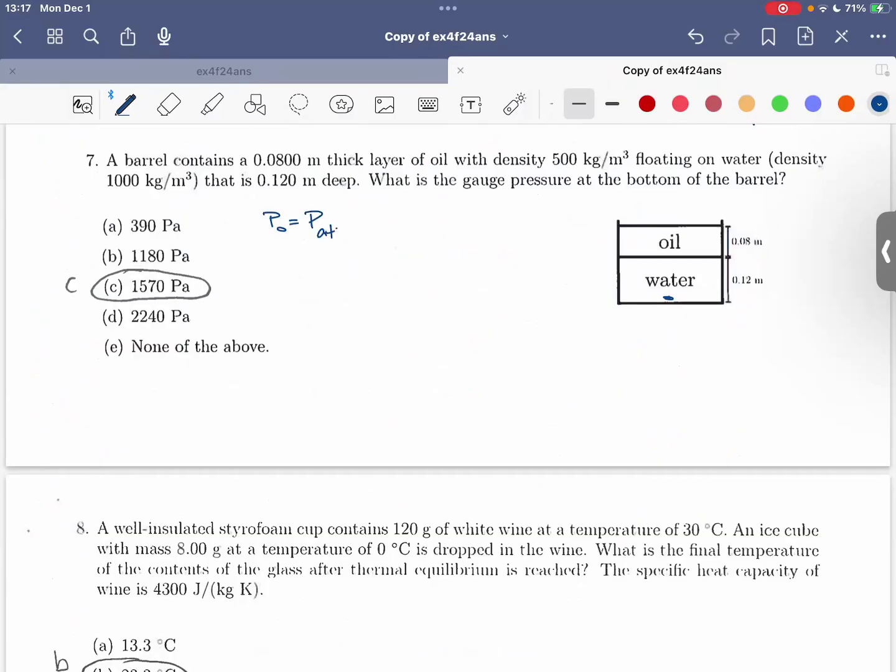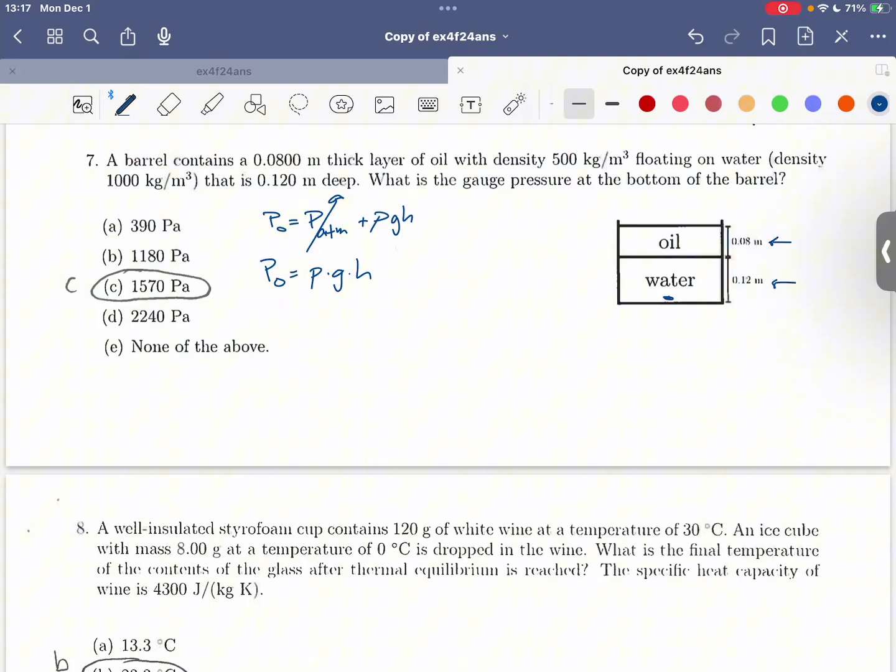Pressure atmosphere plus density times gravity times height. They always ignore the pressure atmosphere, and it's always just density times gravity times height. And so we can just solve for each one of these individually.